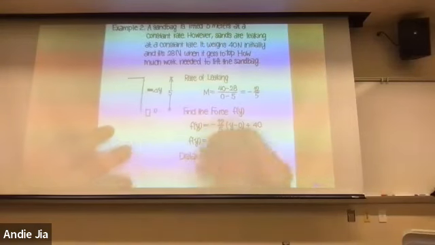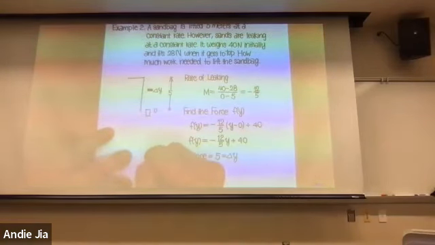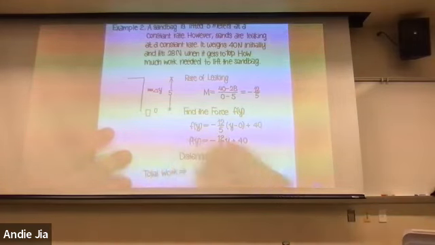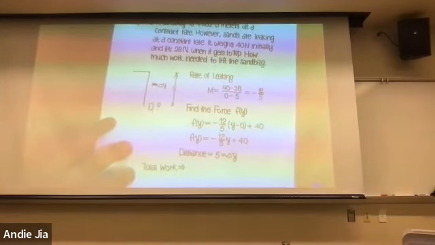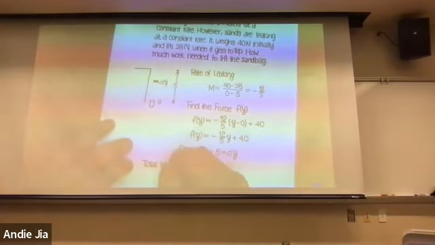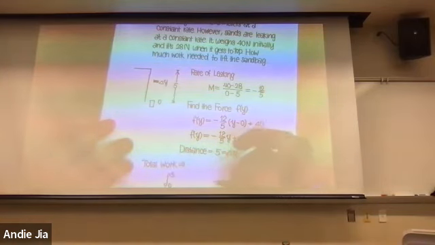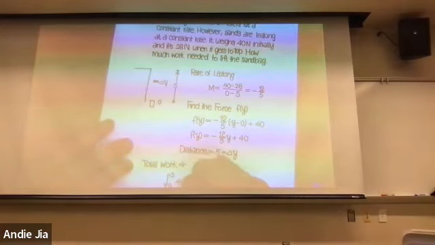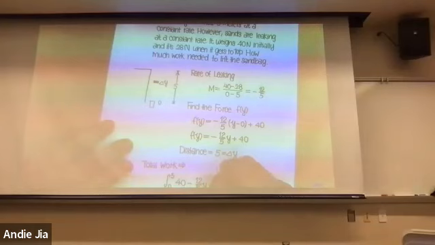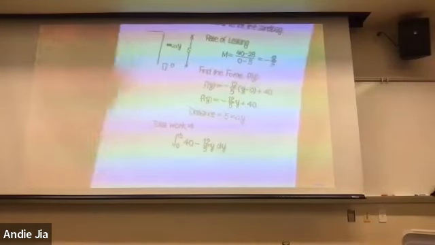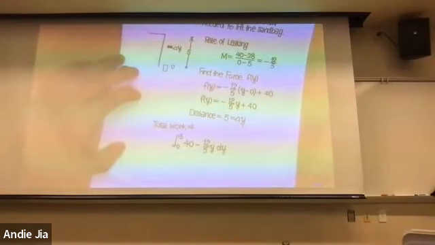So the total work is going to be the definite integral from 0 to 5 of 40 minus 12 over 5 y dy. Then just compute this integral.